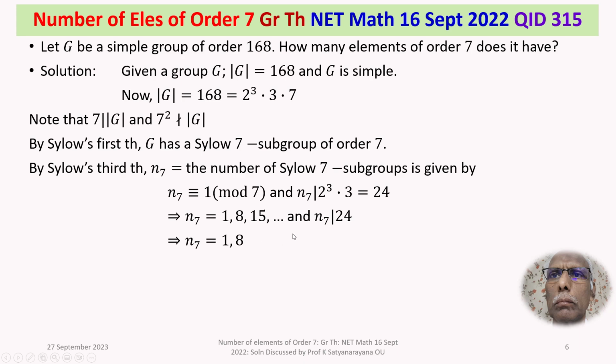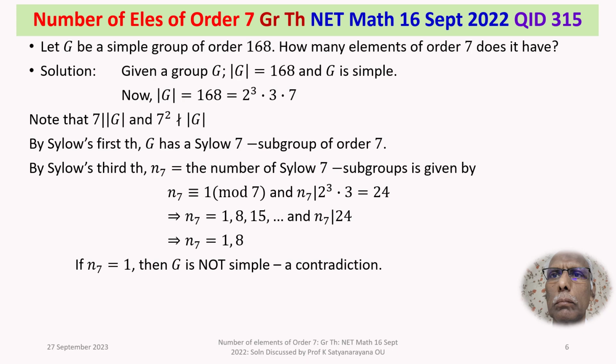If n7 is 1, then G is not simple, which is a contradiction. Why? G is given to be a simple group. But if you take n7 is equal to 1, then G will not be simple. How? n7 is 1 means that there is only one Sylow 7 subgroup.